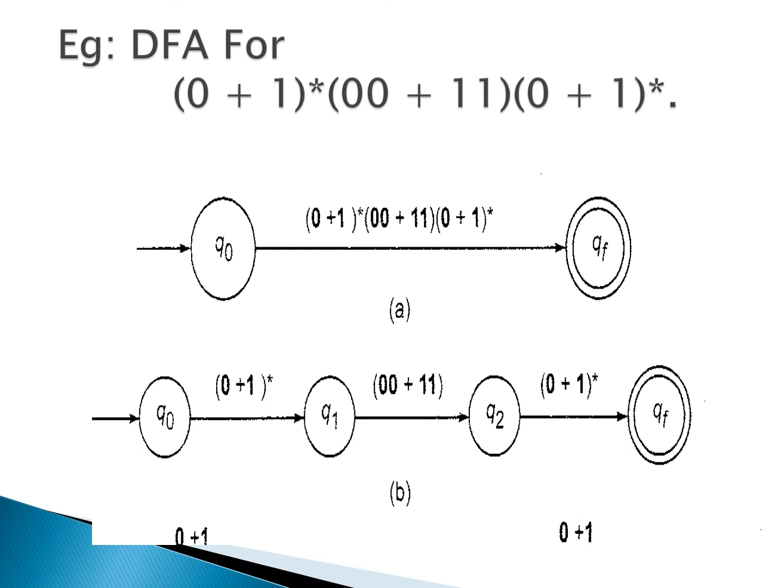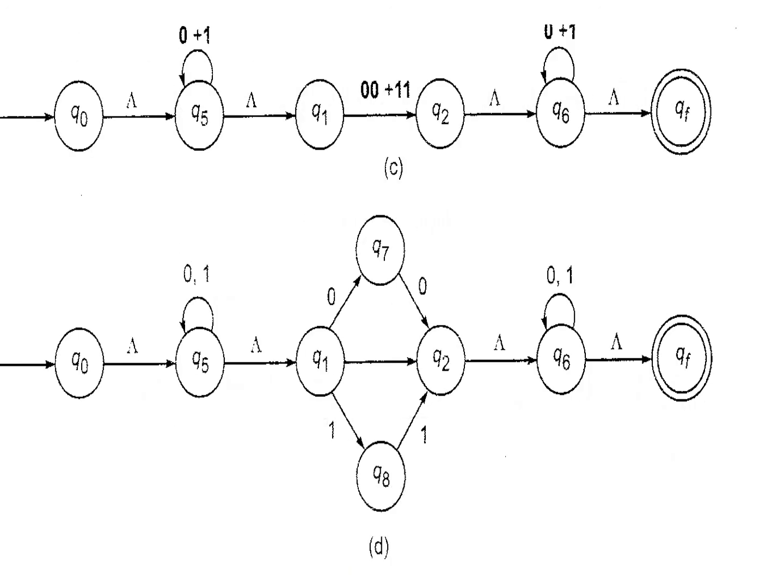Now, applying the rules of RE to DFA conversion, we obtain figure D. In this figure, Q1 to Q7 is 0, Q7 to Q2 is 0, Q1 to Q8 is 1, and Q8 to Q2 is 1.